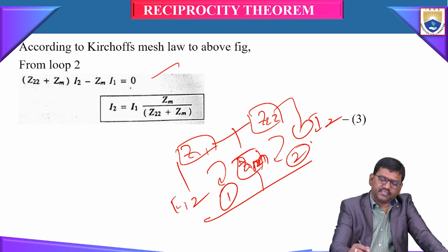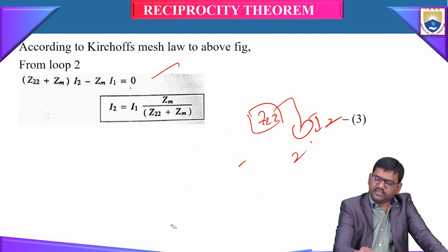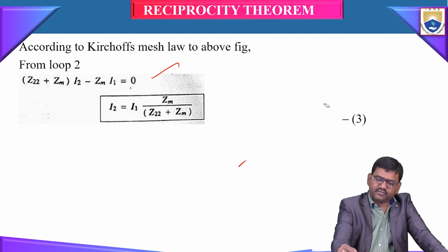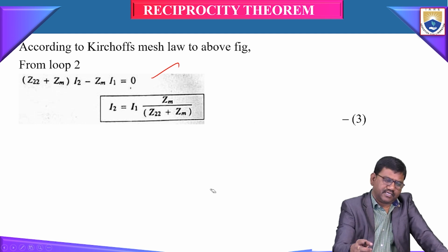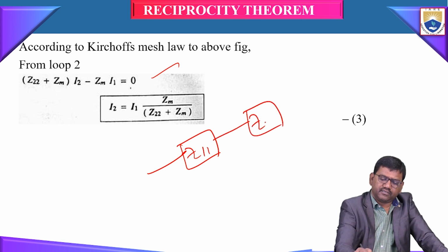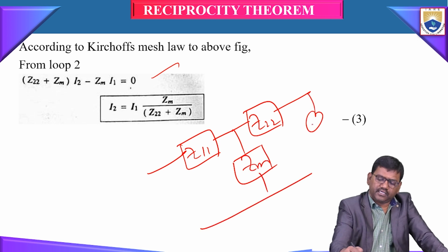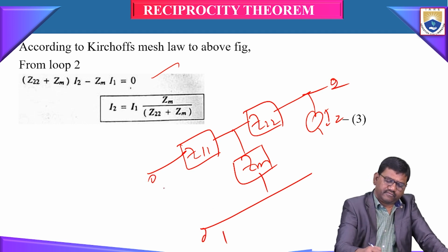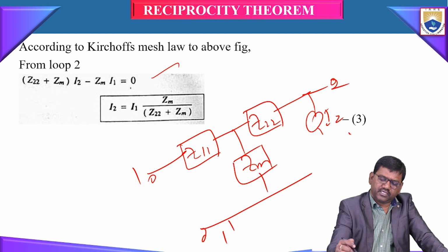Here, let us write Z11, Z22, and Zm, and this is I2. These are terminals 1, 1 dash, 2, 2 dash.